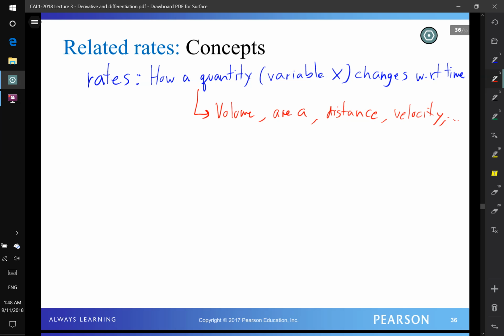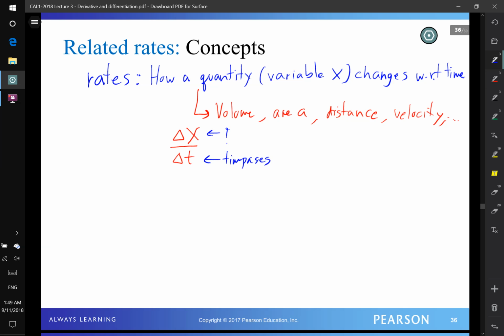So let's say we want to know how this variable x changes over time. We want to know how this changes when time passes. So this is just how we see this word rate.